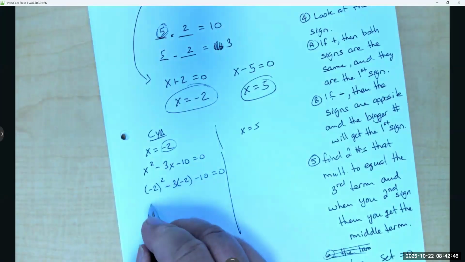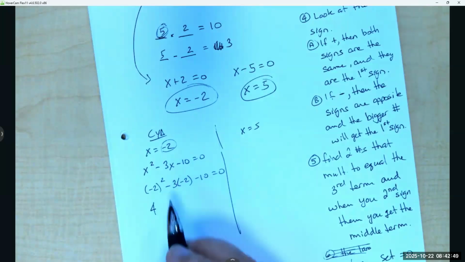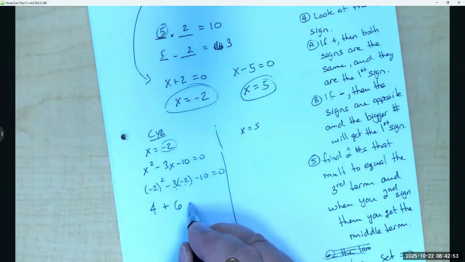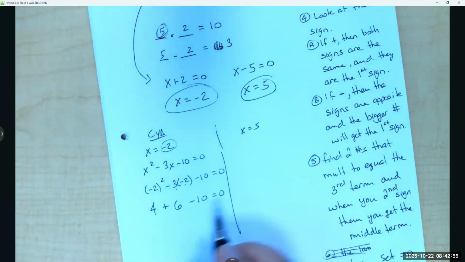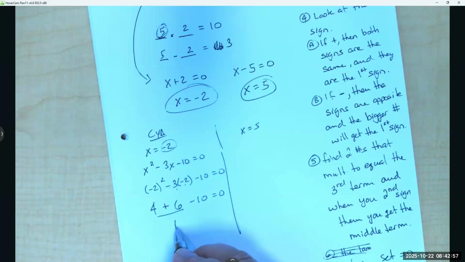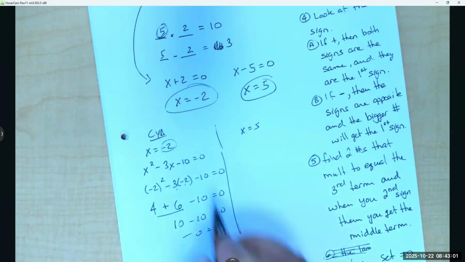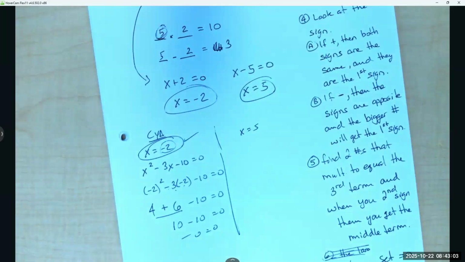Negative 2 squared is positive 4. Negative and negative is a positive. 3 times 2 is 6. Minus 10. So 6 plus 4 is 10. 10 minus 10 is 0. So that's a good solution.